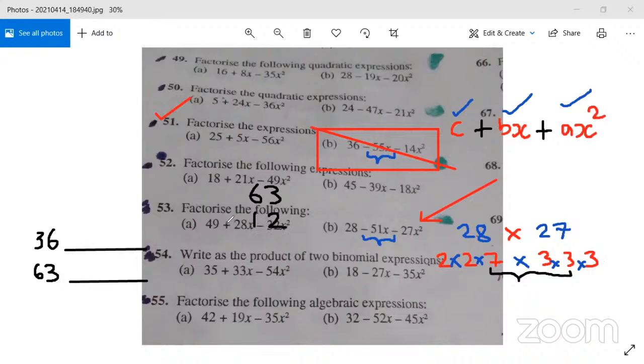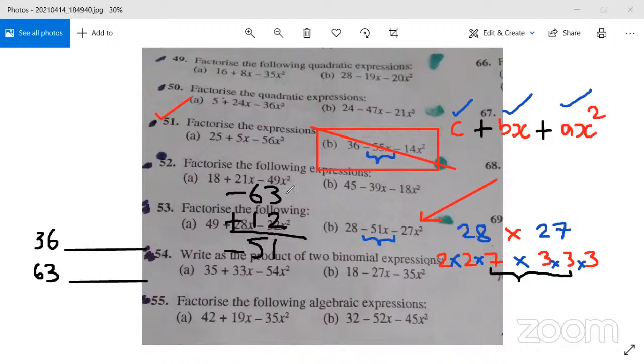And what happens when we subtract this? 3 minus 2, 1. 6 minus, there we go. But let us bear in mind, it must be a minus 63 and a positive 12 to be a minus 51.